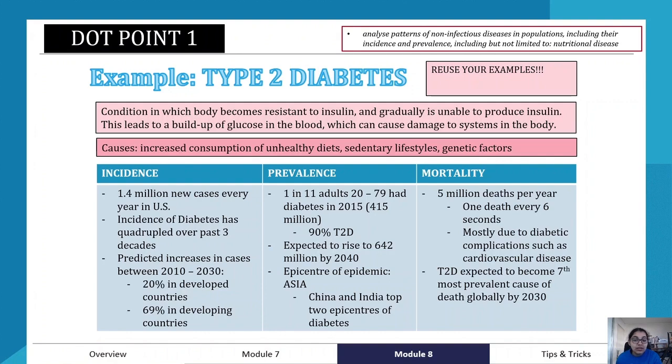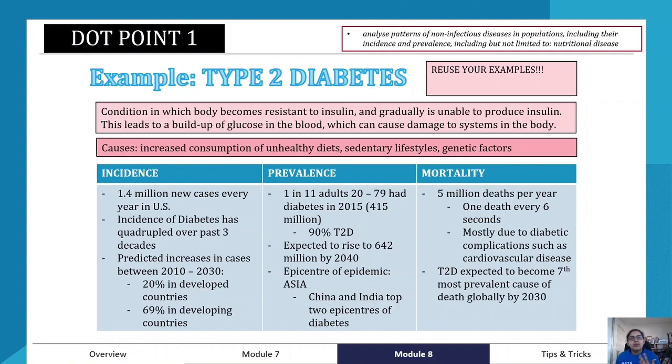So again, type 1 is autoimmune. It happens because your body cannot produce insulin, as your immune cells are attacking those beta cells and stopping them from producing insulin. However, type 2 is when over time your body has grown resistant to insulin because you kept eating unhealthily.